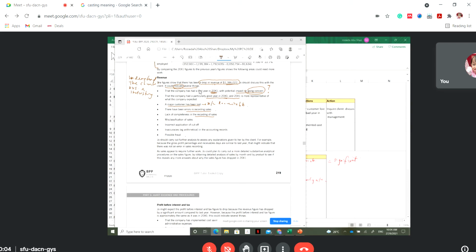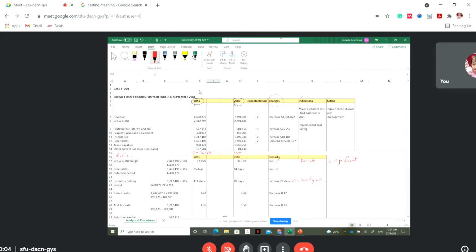Okay, so when we look at the account receivable, account receivable reduced. Okay, yes, account receivable reduced. So as you expect, it's the expectation, yes. So look at the profit before tax: increase, profit increase.